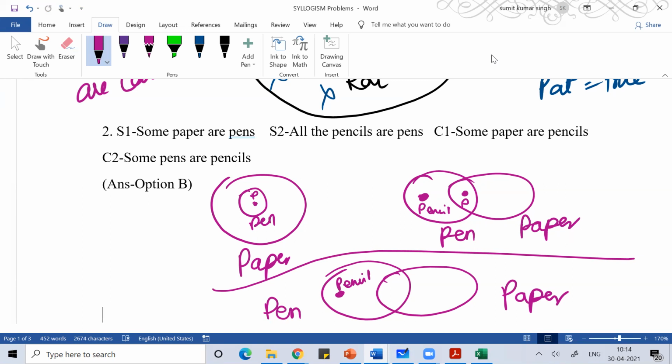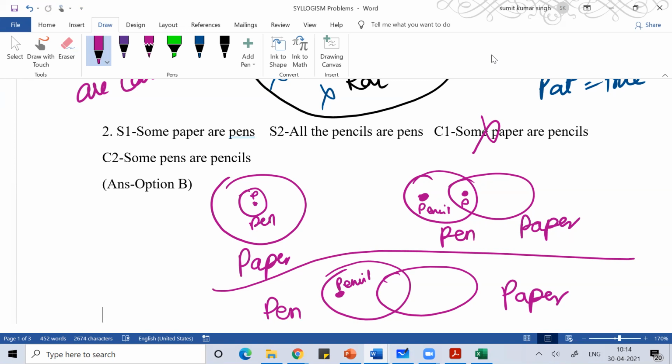No, you are not getting it. We go with the conclusion which should be 100% true. Three possibilities are happening here. In two possibilities some paper are pencil, but in one possibility no paper are pencil.